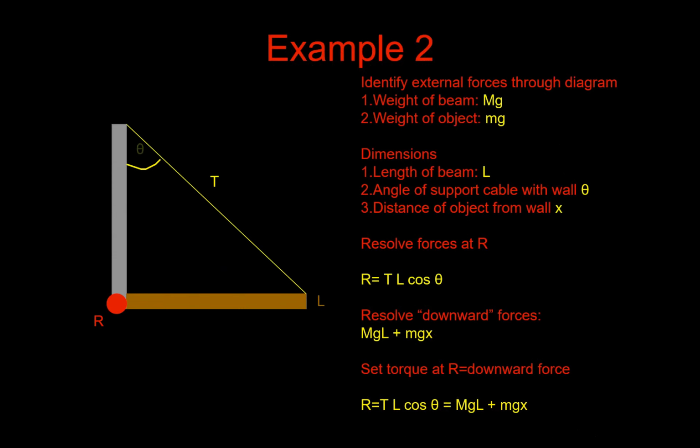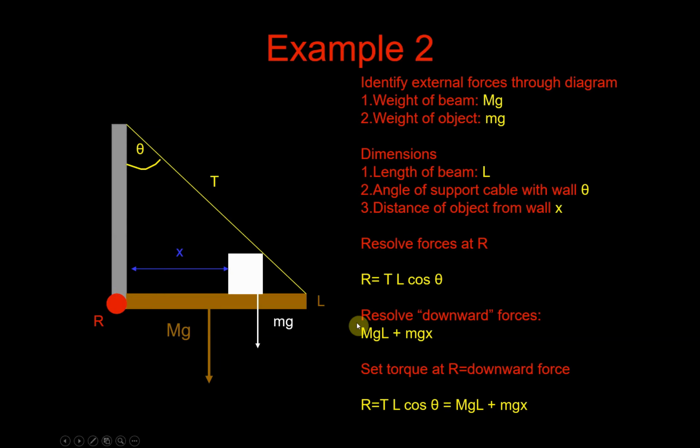So to do something like this, first we say we have the weight of the beam, Mg, and then we have the weight of the object, little mg. We've got L, which is the length of the beam, and then we've got the angle of the support cable with the wall. So if we resolve the forces at the reaction point R, we can say here R is TL cos of theta.